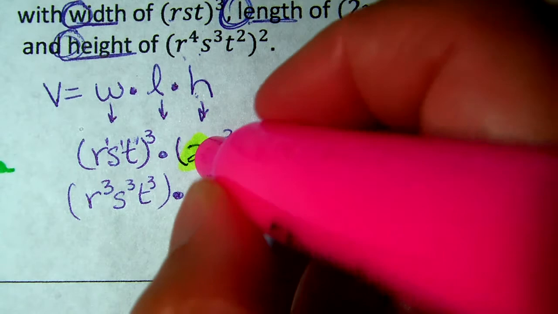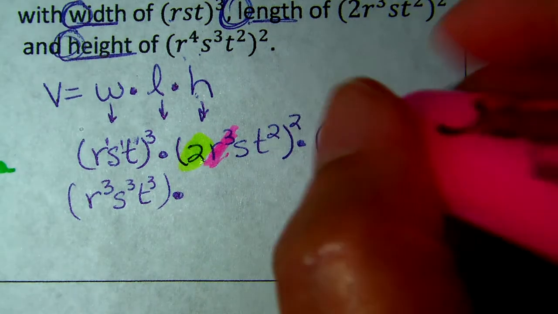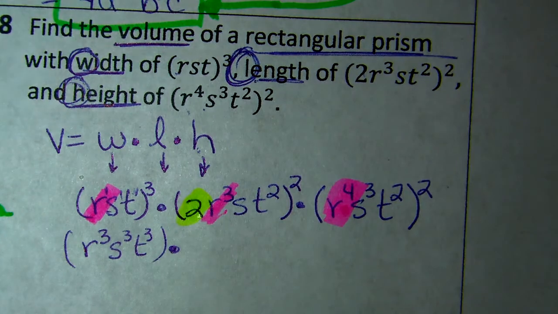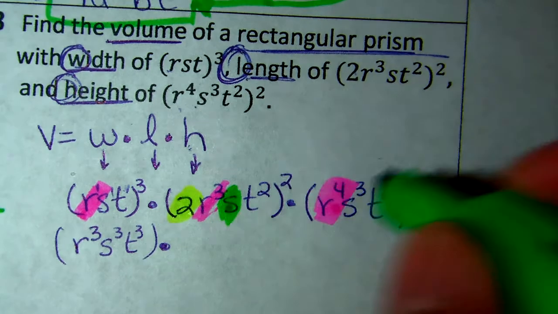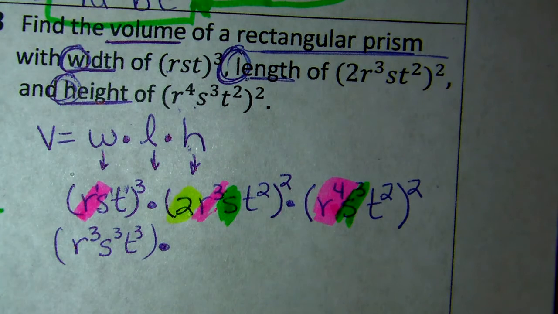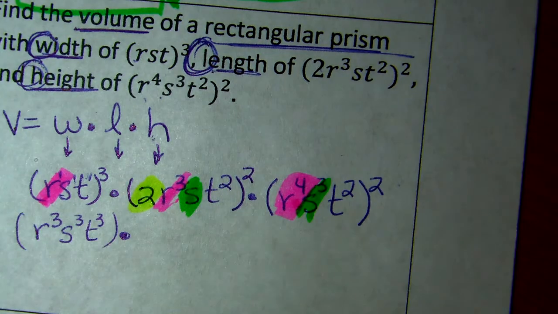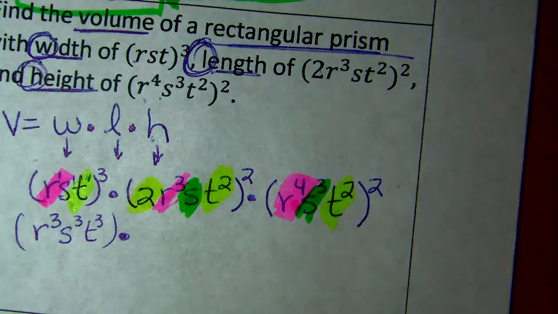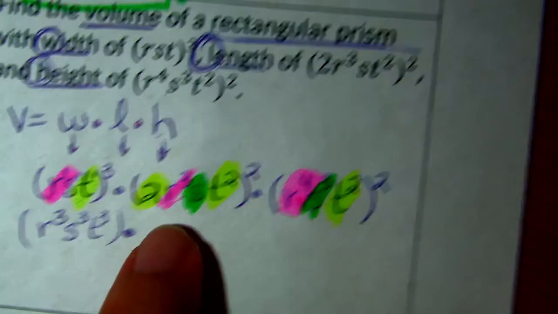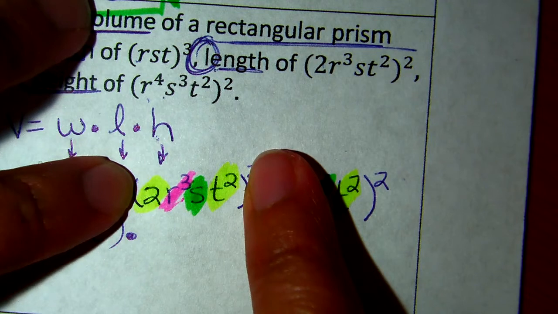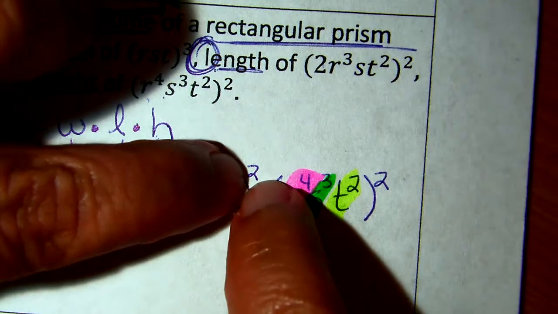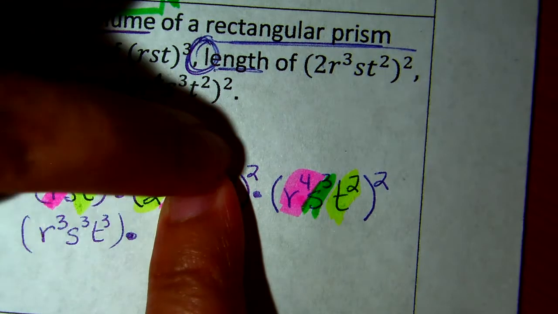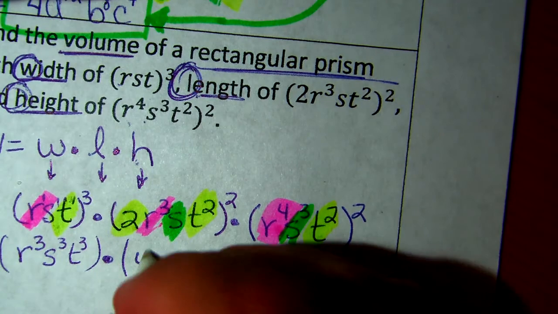You have R, S, and then the T is yellow again. Okay, so again, everything inside the parentheses is elevated to the power of 2. So first, 2 to the power of 2 is 4.